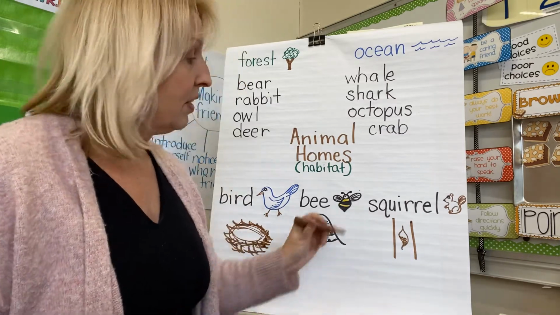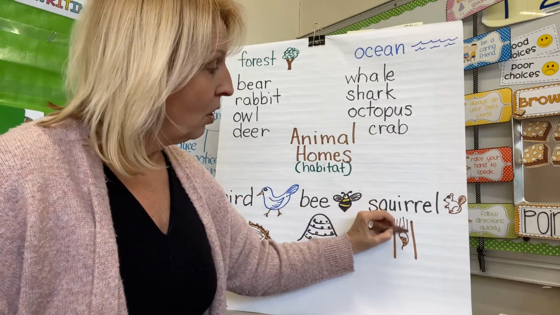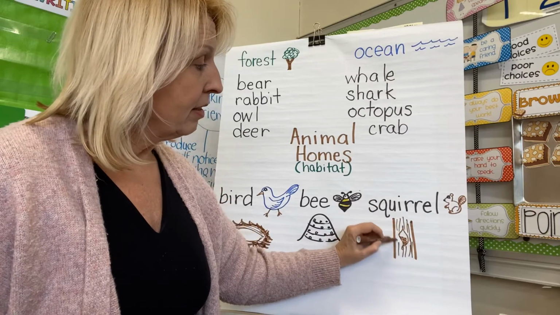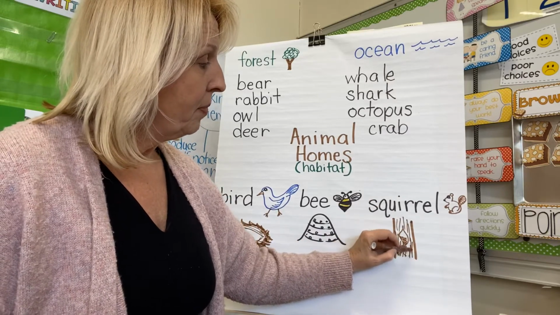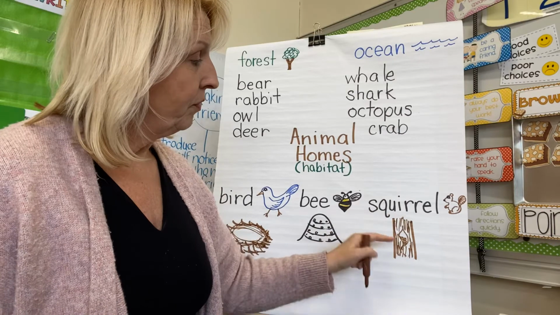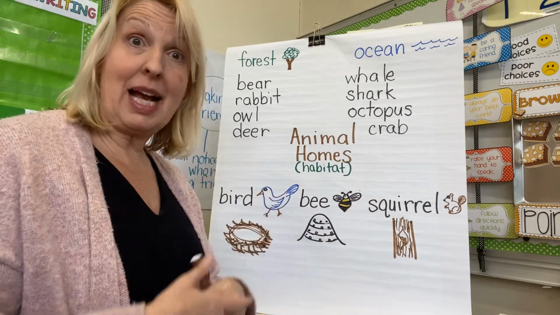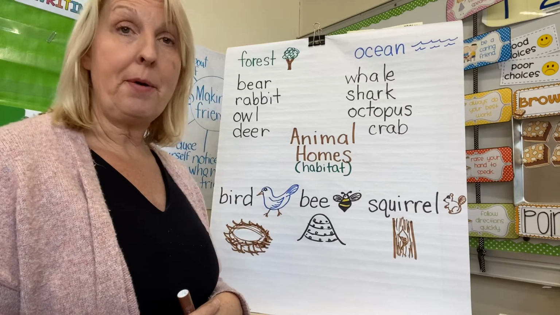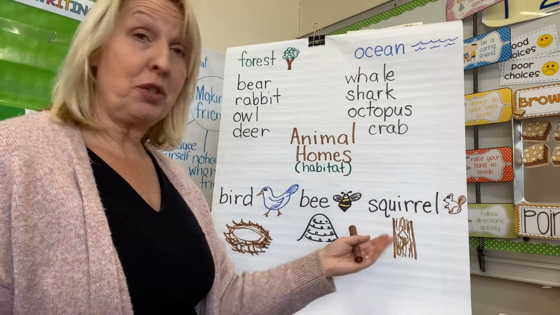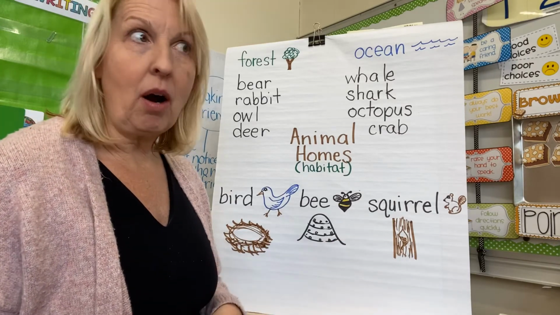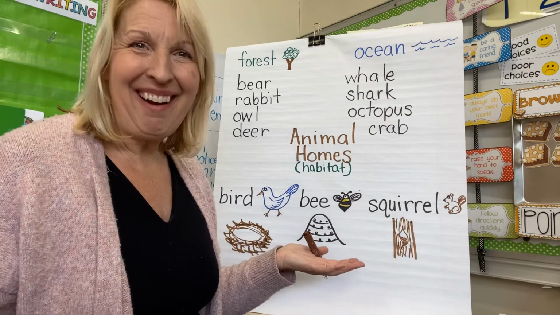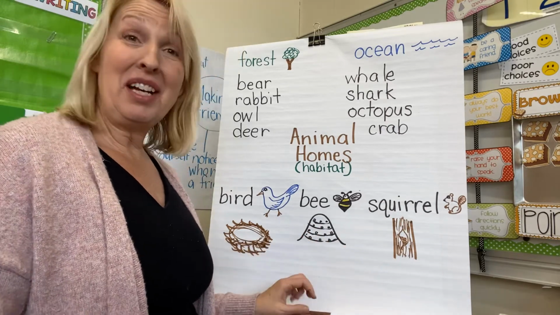Or they'll make a big nest on a branch too. But if they can find a place that's really protected inside of a tree, they like that as well. And that tree could be in a forest, or in a park, or in your backyard. So there you go.